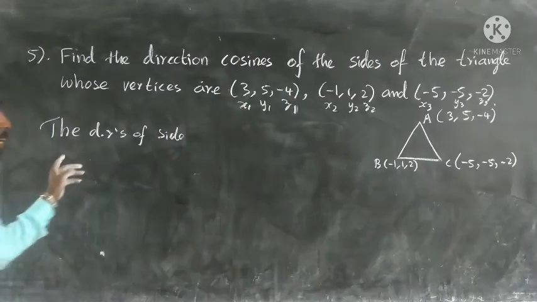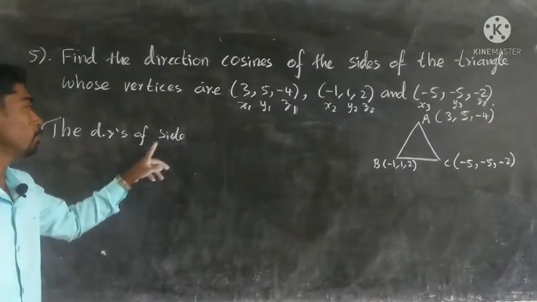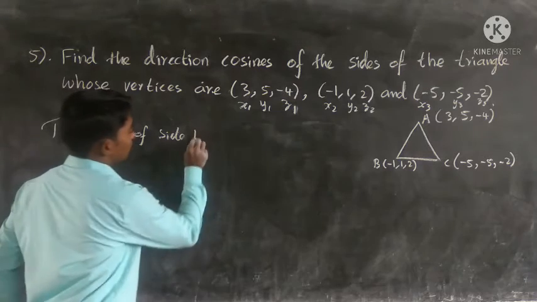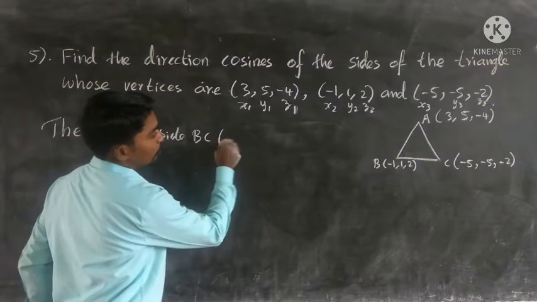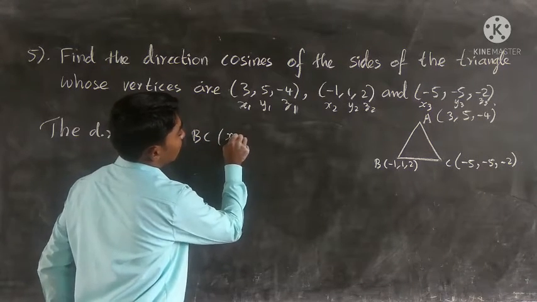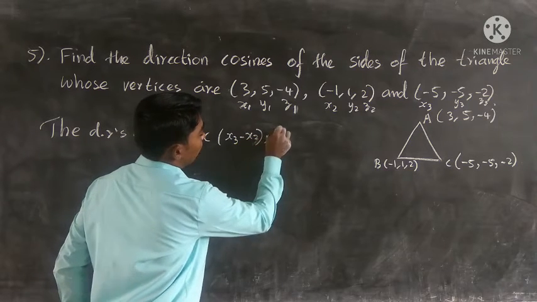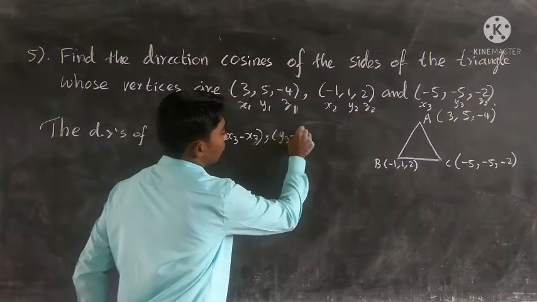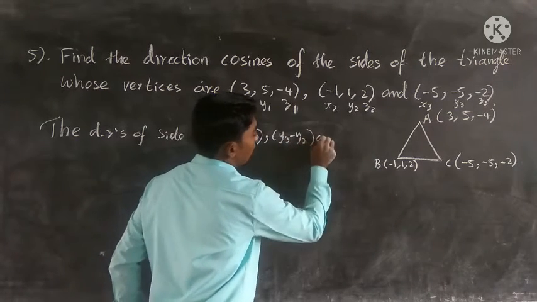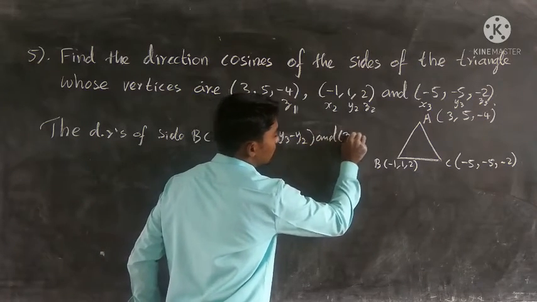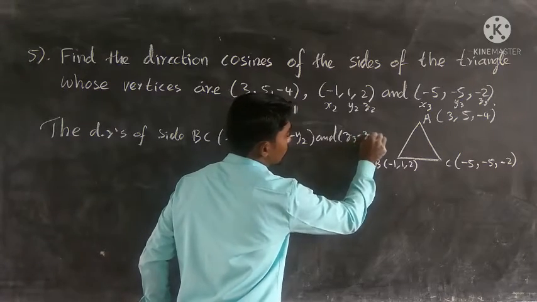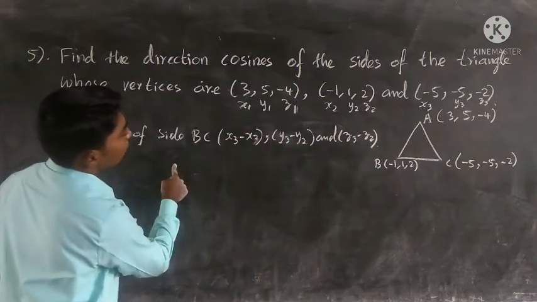Next, we are going to find out the direction ratios of the side BC. That is x3 minus x2, y3 minus y2, and z3 minus z2. Now substitute the values.